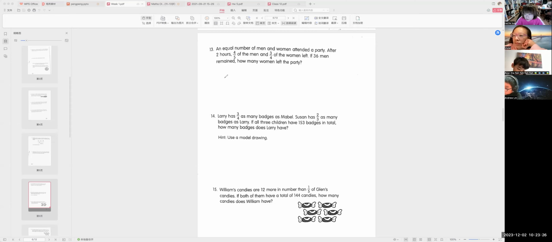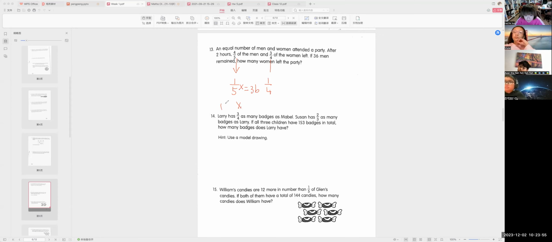Okay, so can I just explain, Violet, Evan? Okay, so you've had enough time to think about everything, okay? An equal number of men and women attend a party. After 2 hours, 4/5 of the men and 3/4 of the women have left. So the remainder is 1/5, and the remainder is 1/4, correct? If 36 men remained, so that means 1/5 of x is 36.